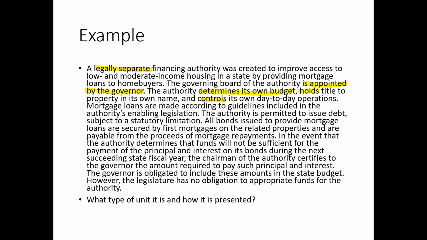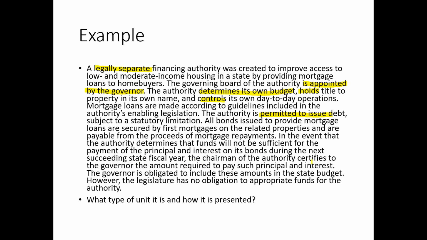Then mortgage loans are made according to guidelines included in the authority's enabling legislation. The authority is permitted to issue debt subject to statutory limitations. Okay, and in the event that the authority determines that funds will not be sufficient for the payment of the principal and interest on its bond during the next succeeding state fiscal year, okay, here comes the key sentences.